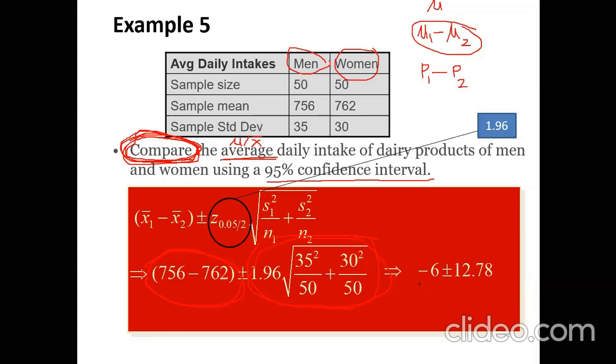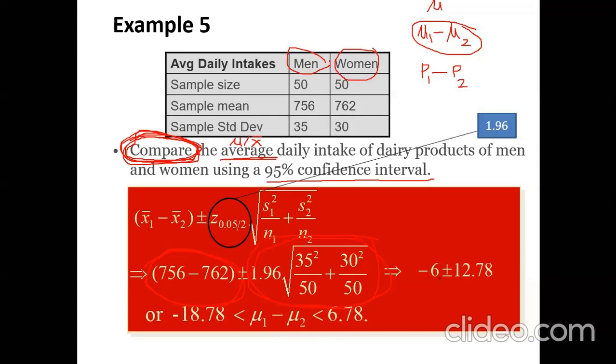But this is not the end, because it is referred to as point estimator. So the last answer should be: the difference in sample means for men and women is between negative 18.78 and 6.78. Where did you get negative 18.78?